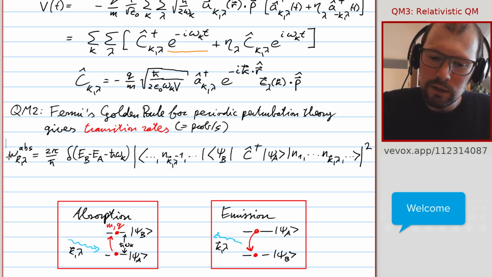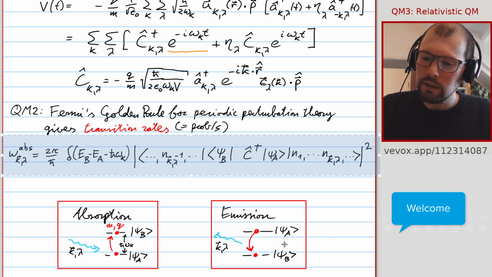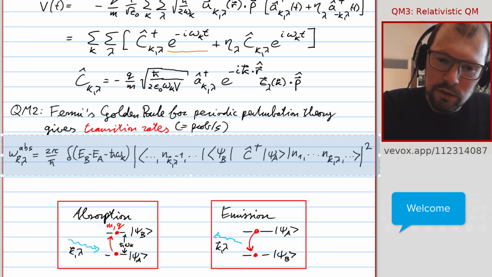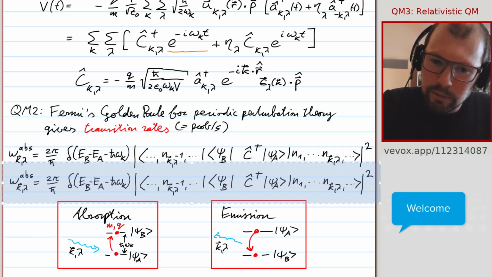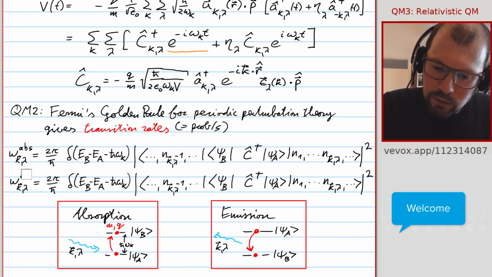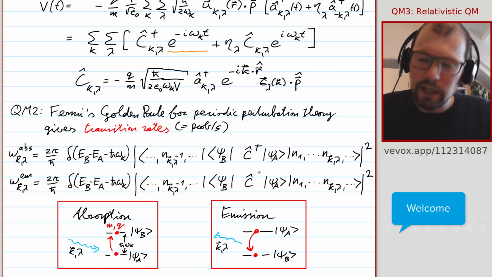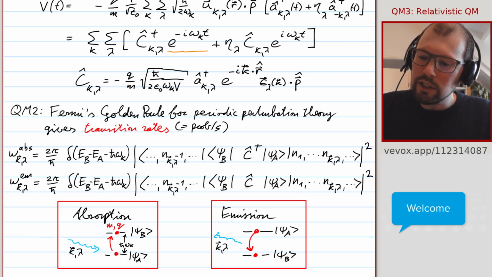Now, similarly, we could look at the emission. It's almost the same formula. I'm cheating a bit here. But now I'm looking not at C dagger, but at C. And what does C do?